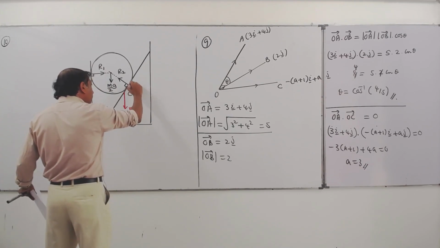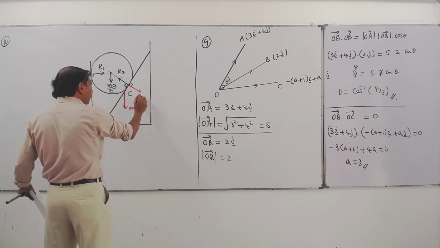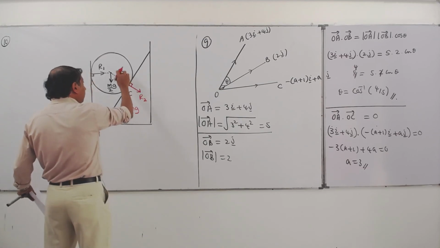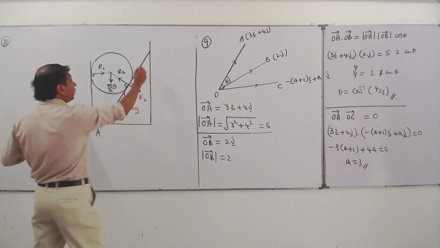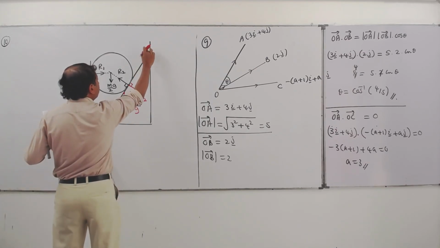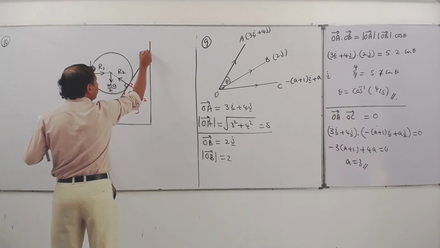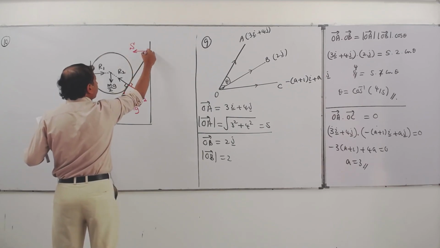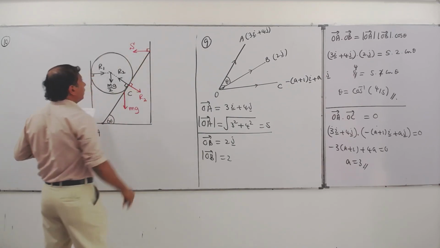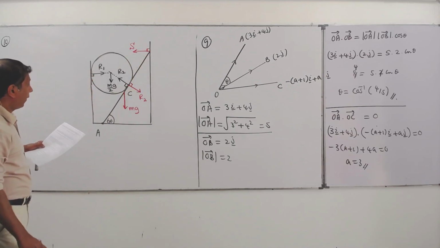Then another R2 acts on the rod in the opposite direction of the black R2. And here, people, a force comes to the end of the rod which is perpendicular to this surface, this way. Suppose that is S.